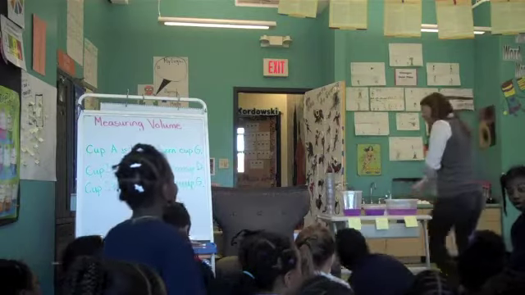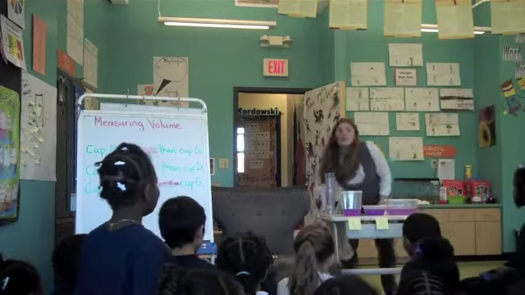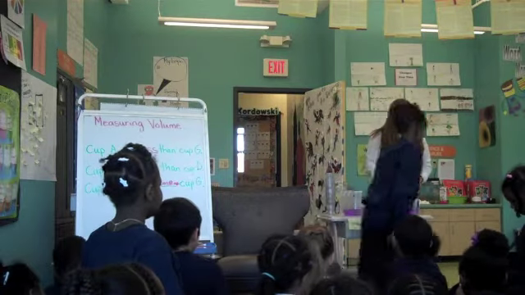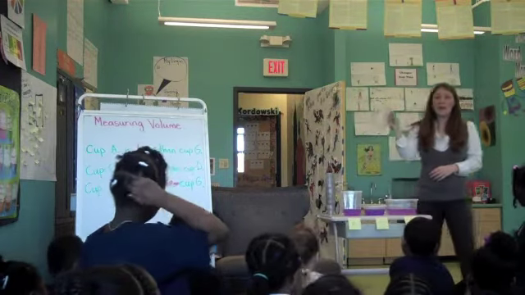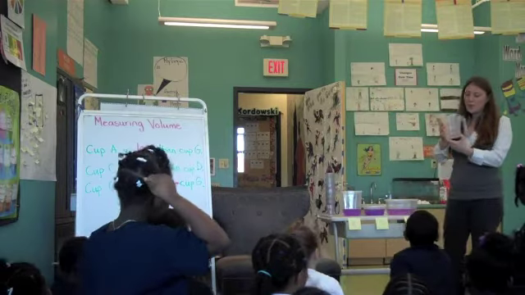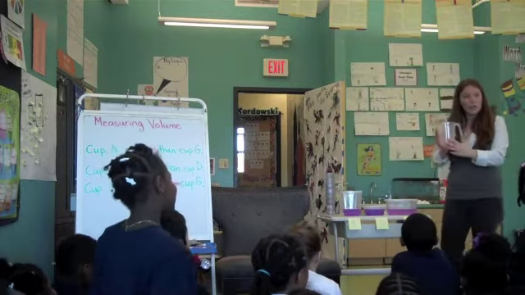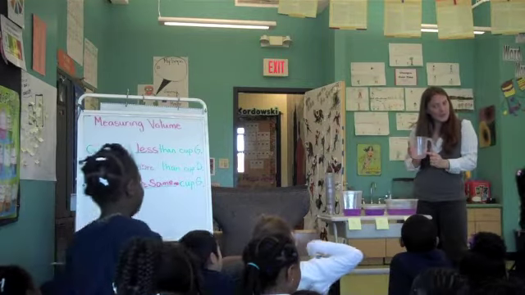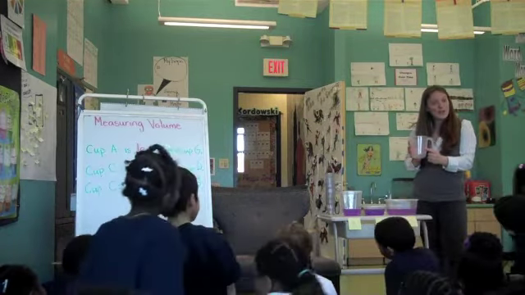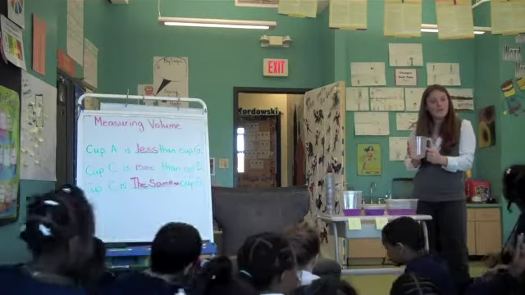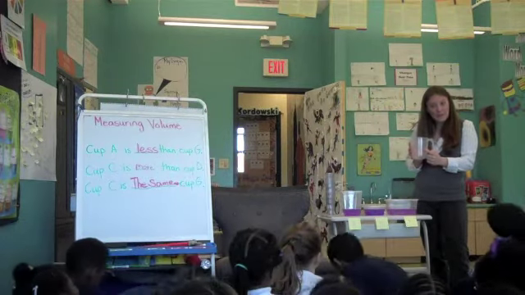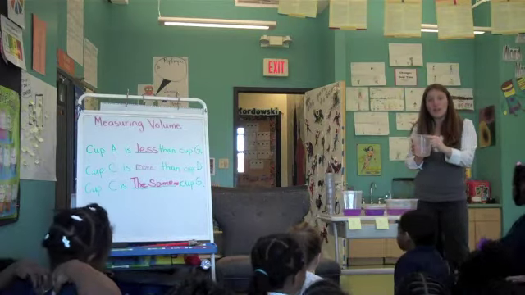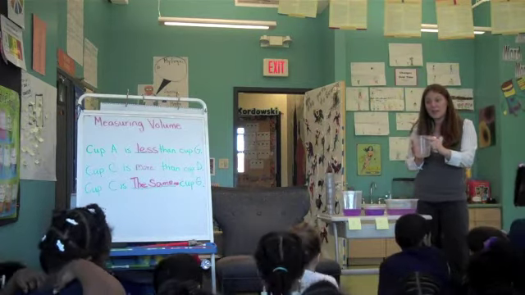So I check with my measuring cup. My measuring cup has lines on it like a ruler, and it has lines on it like a scale. So I use this to measure how much volume I have. The volume that goes to the highest number is the most amount of liquid.